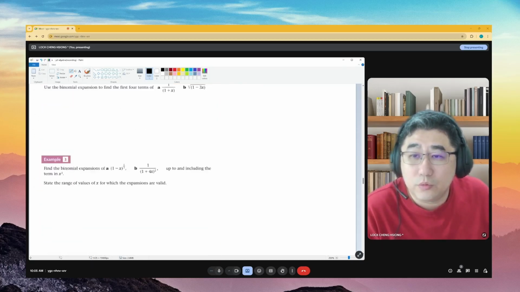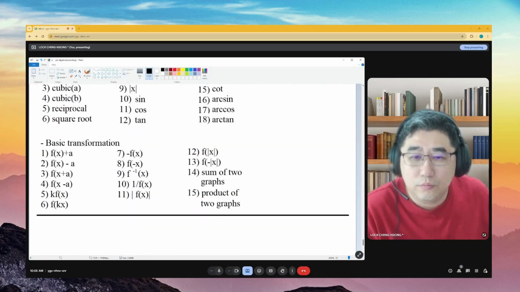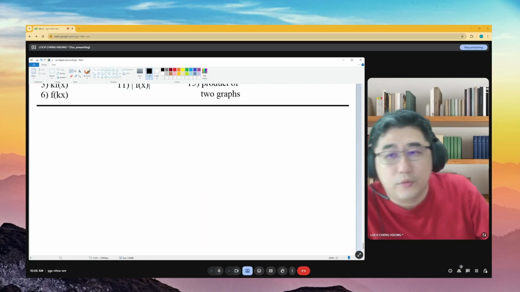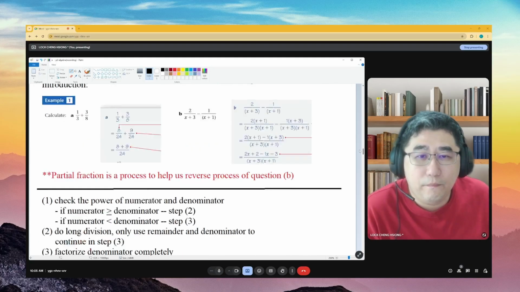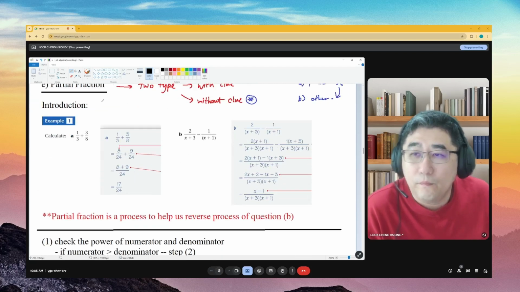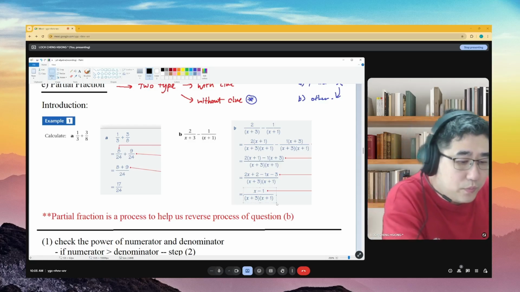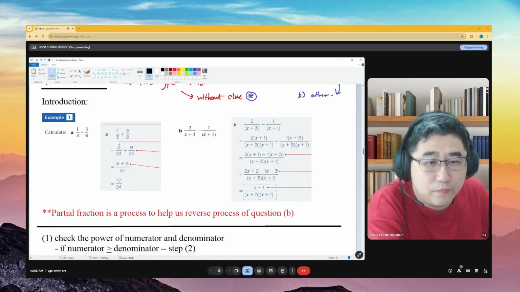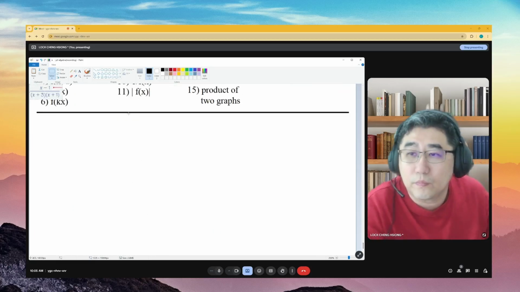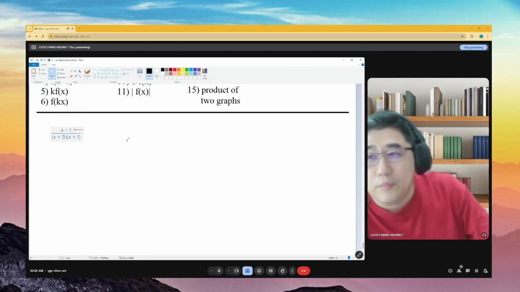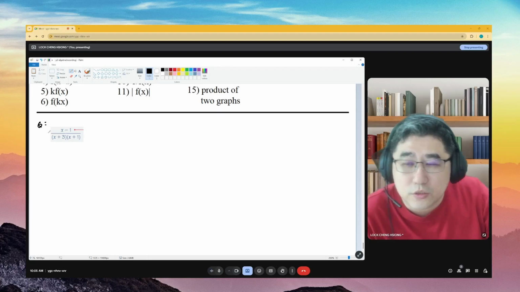Write it all the way down. Partial fraction. This is the question.